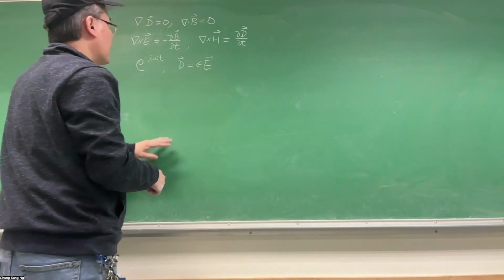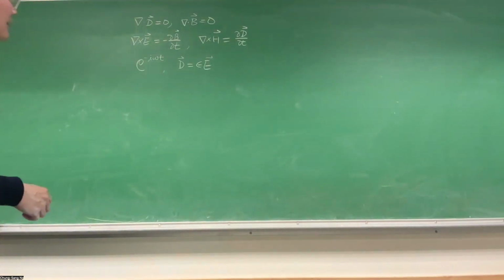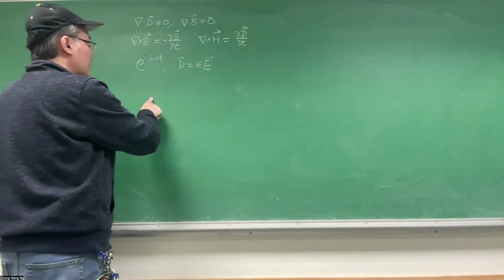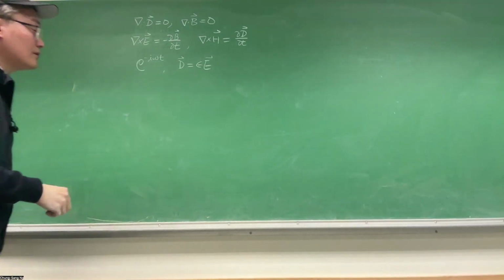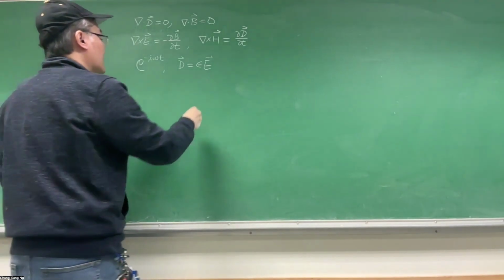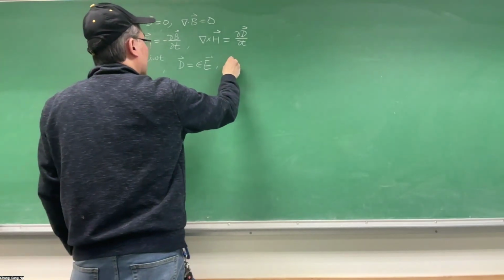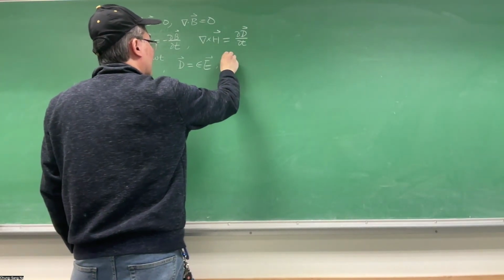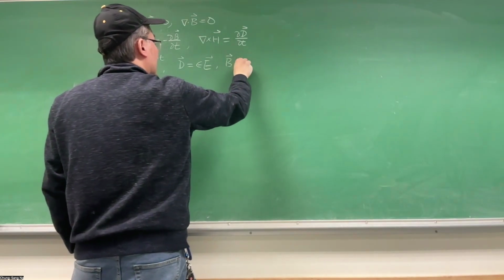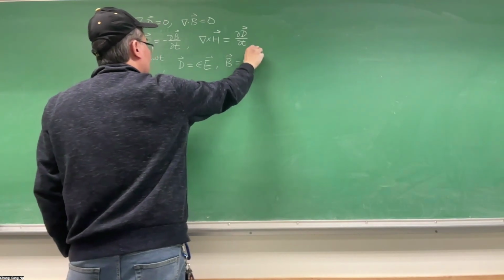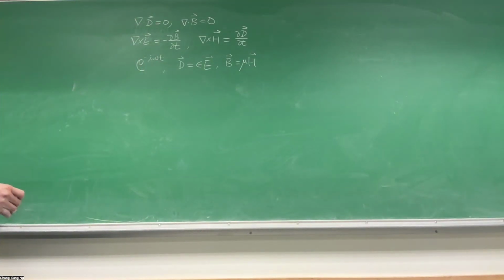But for now we're treating it like a constant, and for the first case, we're treating it also like a real quantity, and then H is B over mu, or B is mu H.